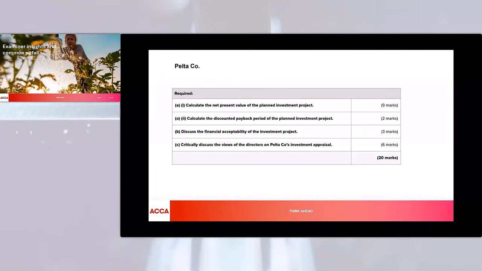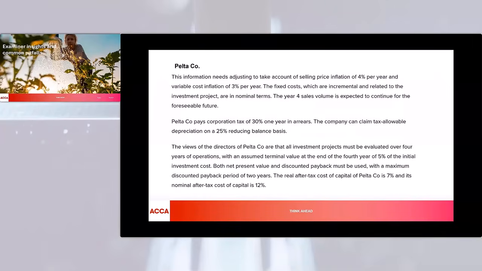Let's understand a couple of things from this extract. At one part, it is mentioned in the question that the year 4 sales volume is expected to continue into the foreseeable future. But the view of the director is that we are only evaluating for 4 years of operation. So the NPV that we need to draft is for 4 years, not four onwards to infinity, not four onwards to the foreseeable future.